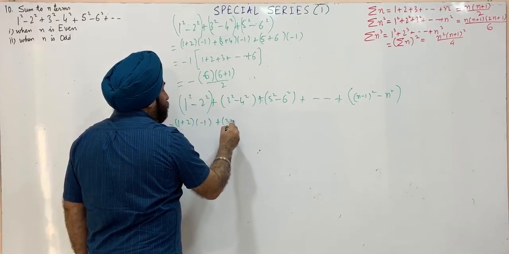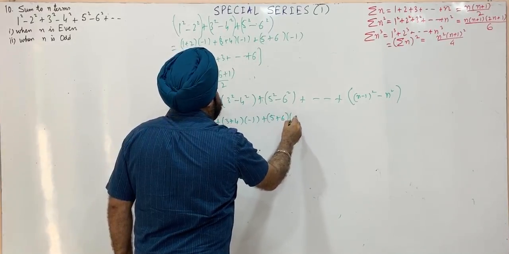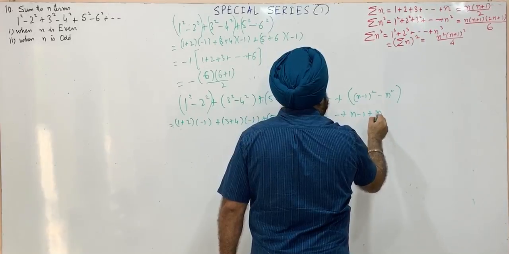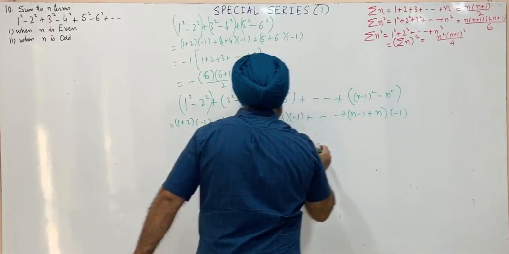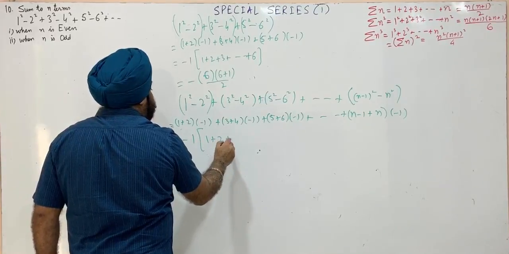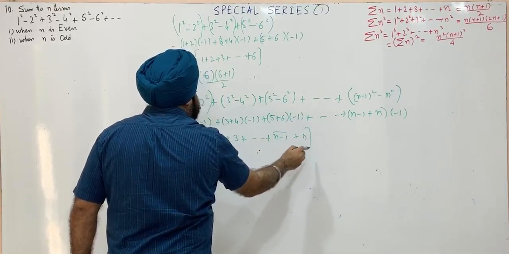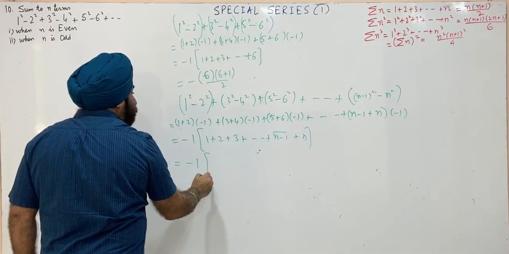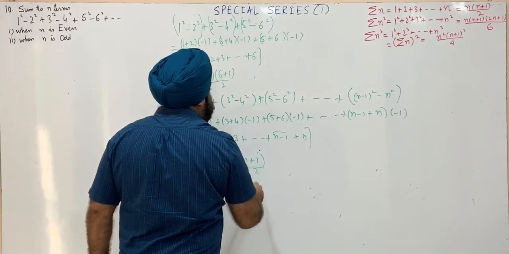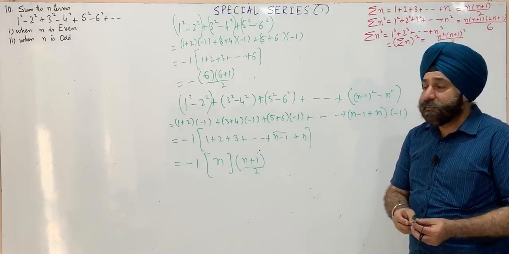This is 3 plus 4 into 3 minus 4, and this is n minus 1 plus n into minus 1. And we take minus 1 common, it's 1 plus 2 plus 3 and so on, then n minus 1 and last is n. It's minus 1 into n into n plus 1 upon 2. So this is the answer when n is even.